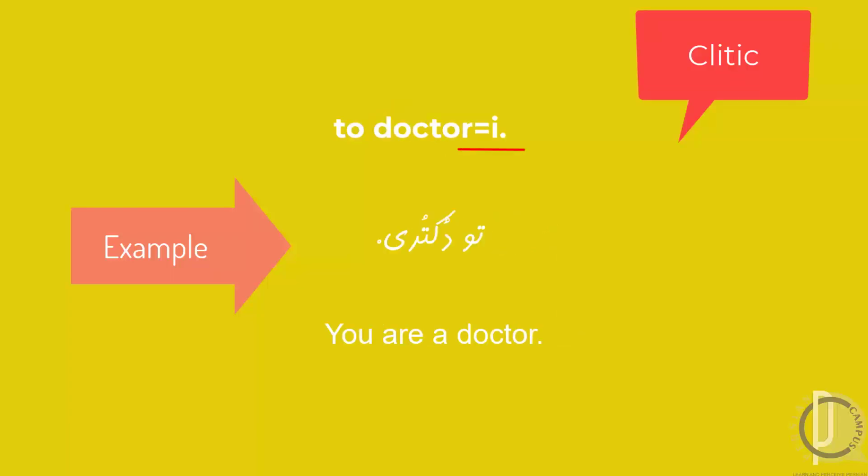I know you might say that the clitics are the same as شناسه, but don't forget, شناسه cannot be the verb of the sentences. So the above sentence with the clitic for second person singular would be تو دکتری. Or we can always remove the pronoun. دکتری.